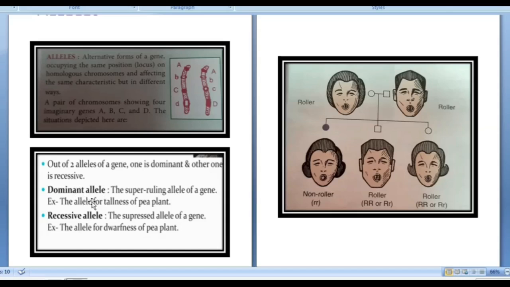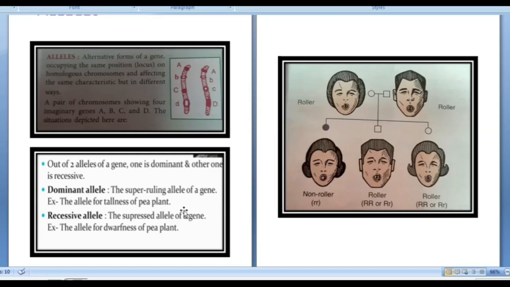What is the meaning of dominant allele? The super ruling allele of a gene. It means the allele which expresses itself regardless of the presence of another allele for a given gene is the dominant gene.